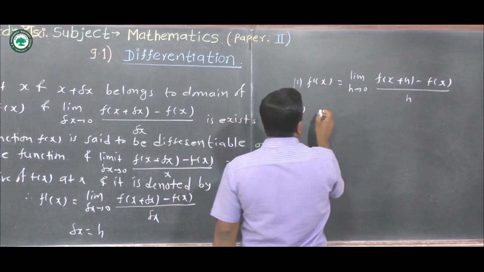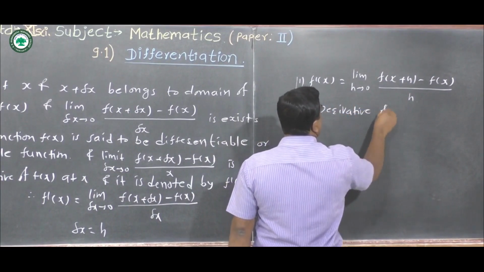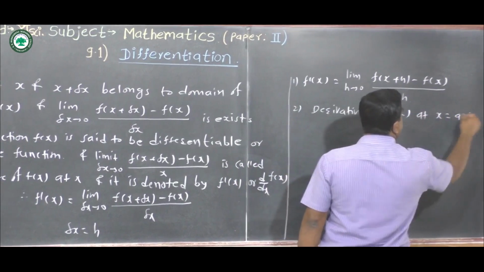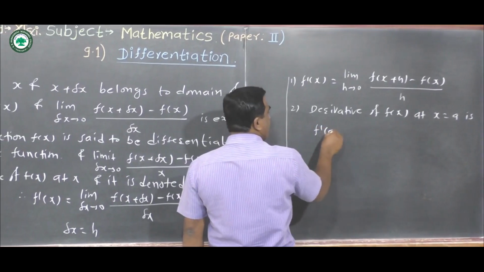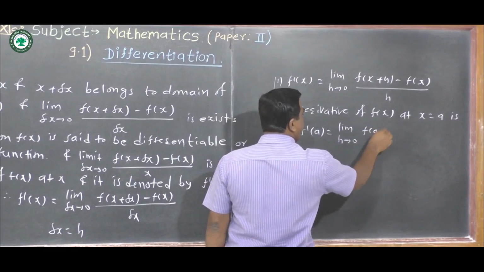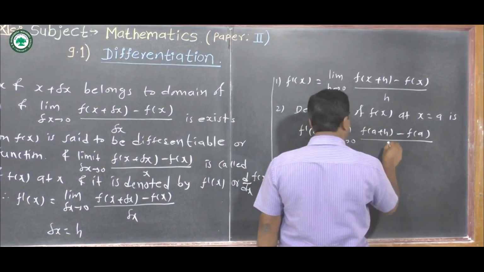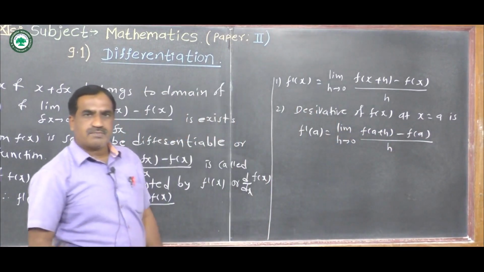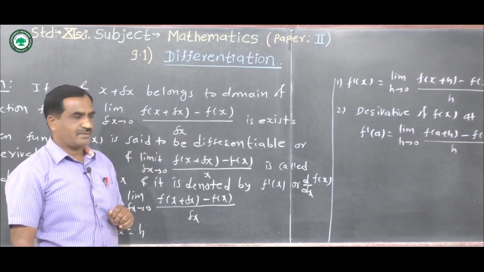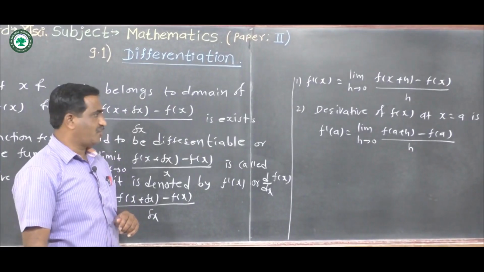Number second remark is derivative of f of x at x equal to a is denoted by f dash of a is equal to limit h tends to 0 f of a plus h minus f of a upon h, and the process for finding the derivative of given function is called as differentiation.